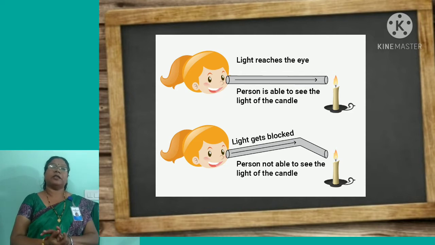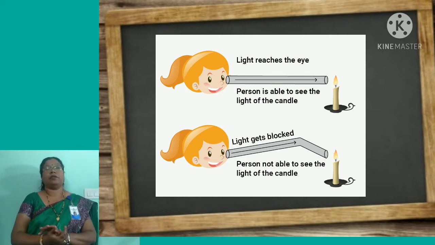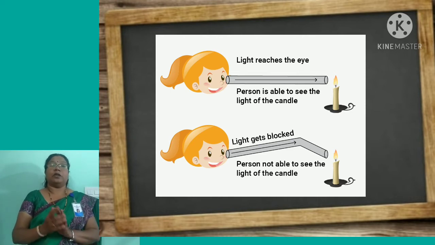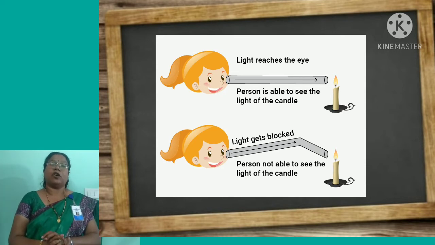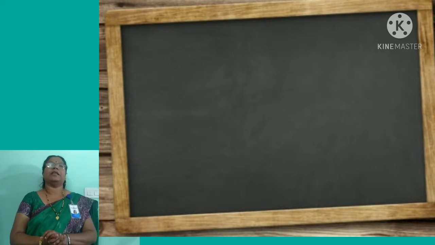Will you succeed in seeing the lighted candle through this bent pipe? No, because the pipe has a bend, light will not travel through that bend. So you are not able to see the lighted candle. This brings you to a conclusion that light always travels in a straight line. This property is known as rectilinear propagation of light. Understood?